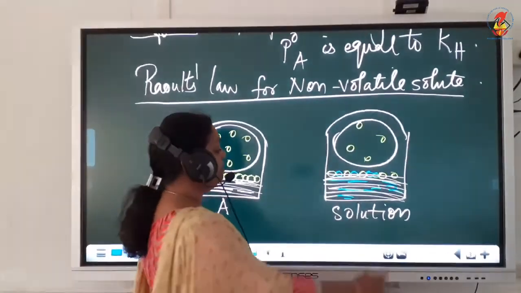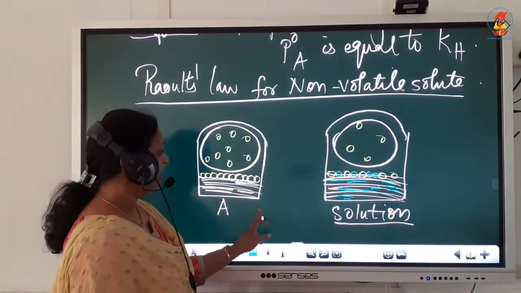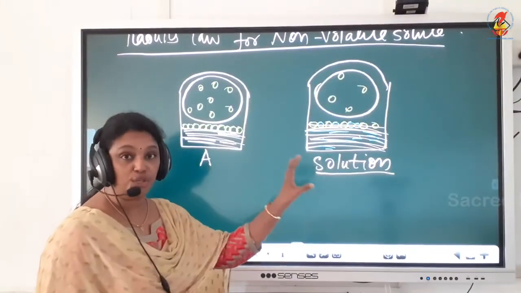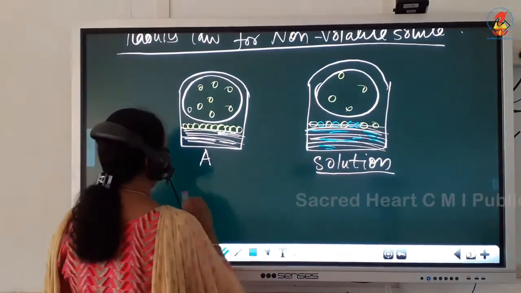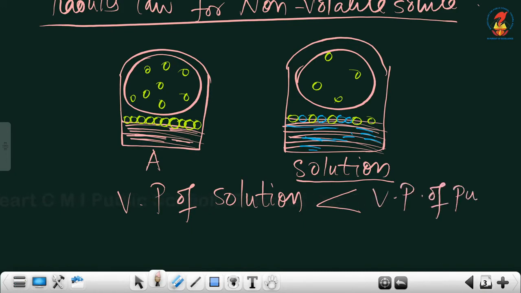So the vapor pressure of the solution will be less. So when we compare the vapor pressure of a pure solvent and solution, we can say that the vapor pressure of solution which has a non-volatile solute in it is lower than the vapor pressure of pure solvent, or the vapor pressure of pure solvent will be greater than the vapor pressure of solution.